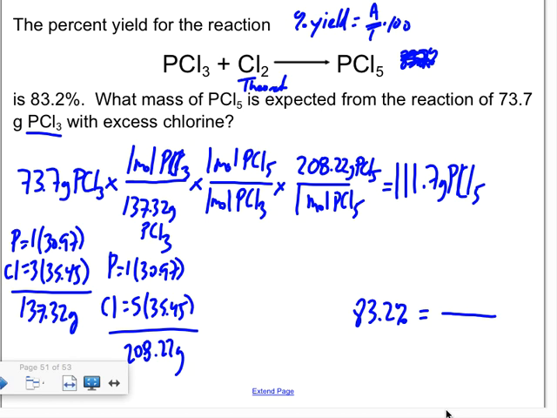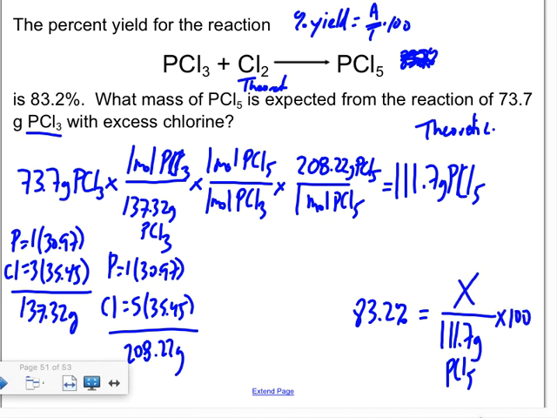Okay, so this is my theoretical. So in my equation, actual divided by theoretical, this goes down here. I forgot the times 100 part.